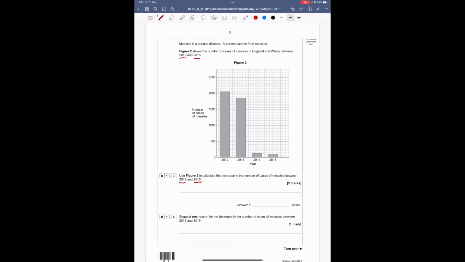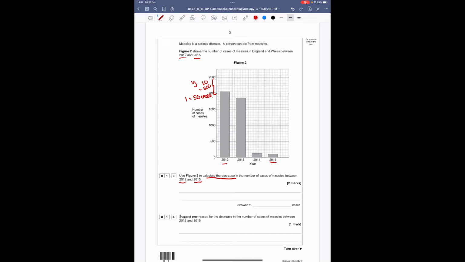So if we look at the graph, we've got the bars for 2012 and 2015, and we need to calculate the decrease in the number of cases. If we look at our y-axis then, we can see it's going up in 500s. For every 10 little squares, that is equal to 500 cases. So therefore, one little square is going to be equal to 50 cases.